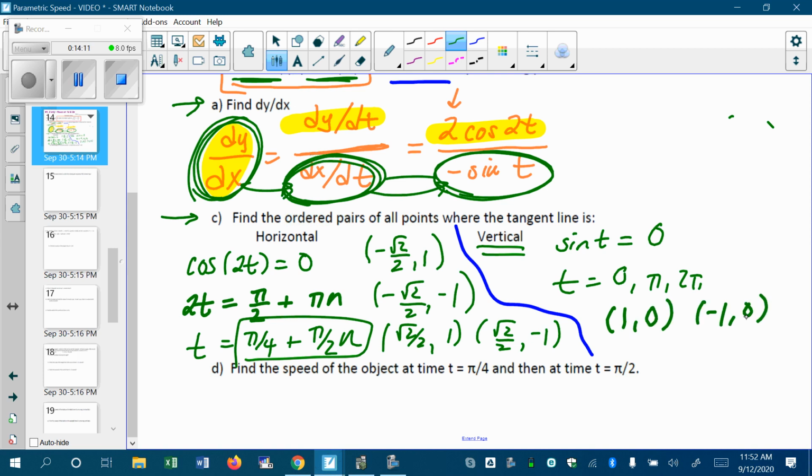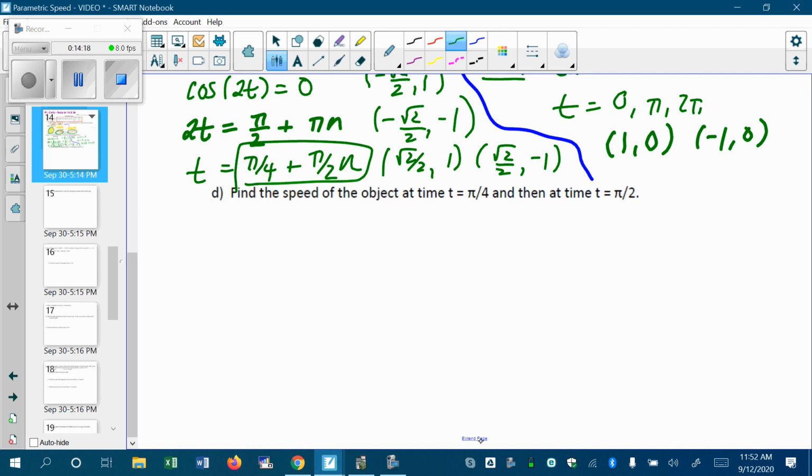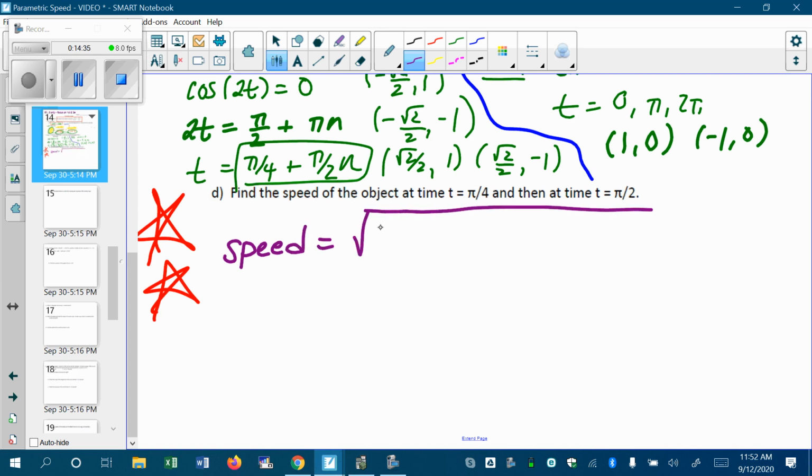Okay? Now, part D, I told you, is one of the things that we want to focus on because this is actually the new material, right? So here we are, important thing from today. And I'm going to think about the fact that I have that little triangle, and I'm going to remember that speed is that little Pythagorean theorem right triangle of speeds, of rates of change.